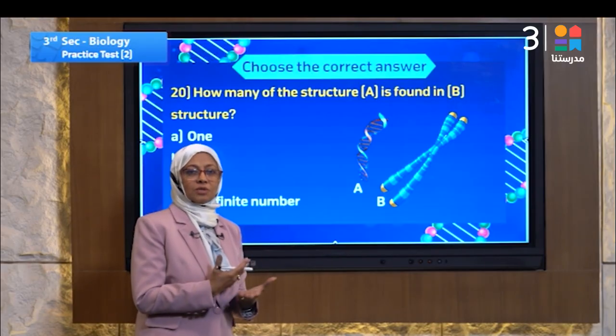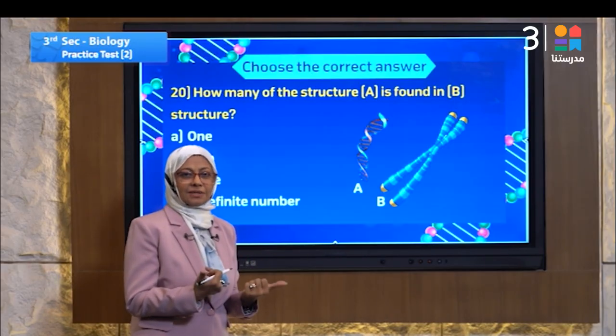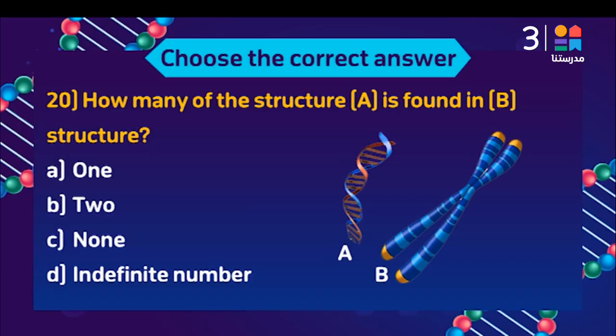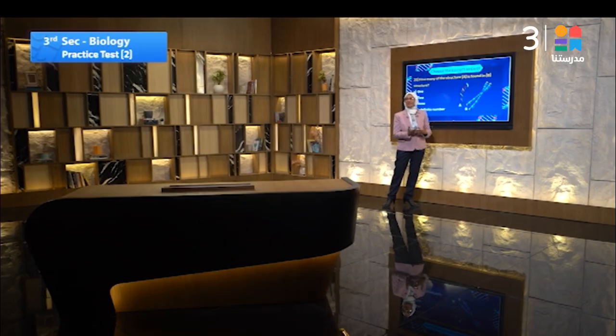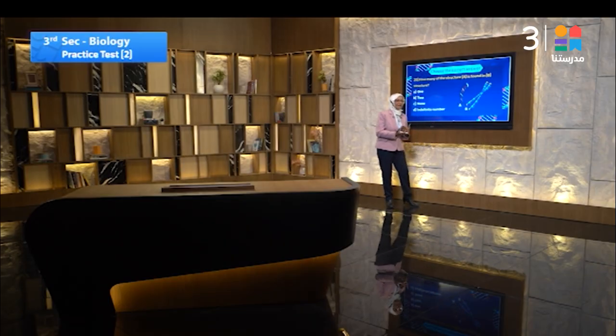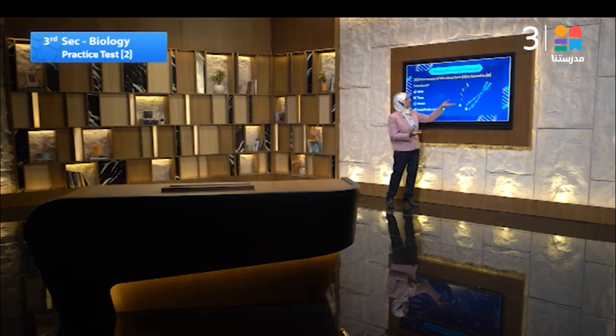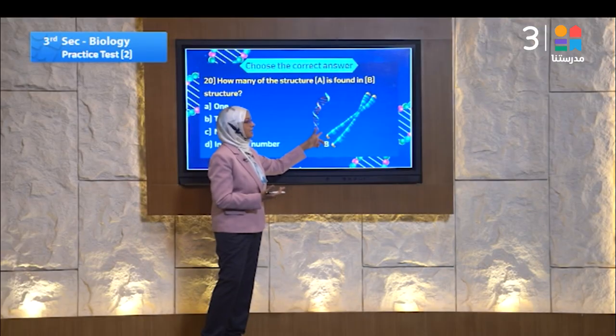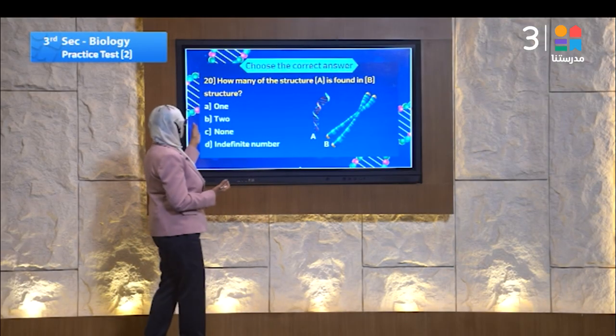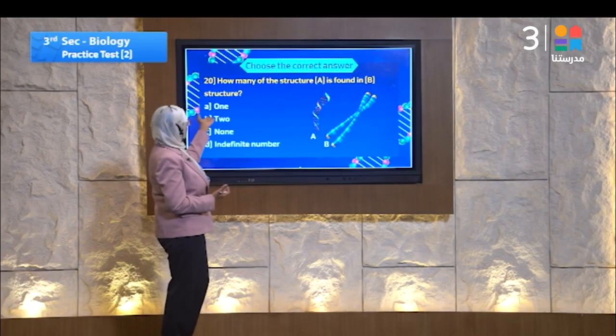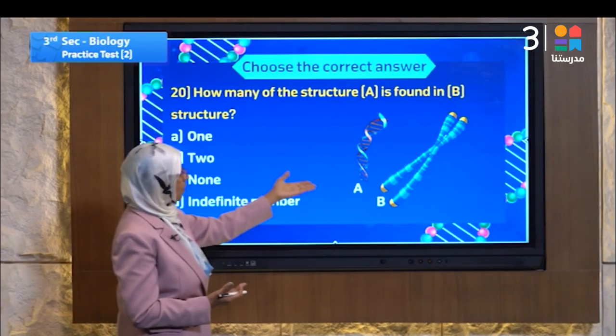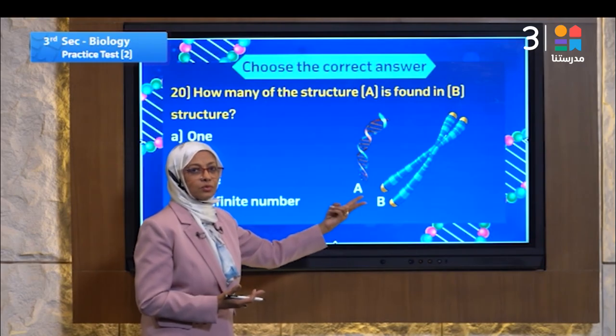Let's go to the question after we study the figure well. 20. How many of the structure A, the DNA structure with a double helix, are found in structure B? The B structure is a chromosome. After studying this figure, we found that structure A is a DNA structure found in each chromatid, one in each chromatid. Let's read the choices. Number A, one. One only in structure B? No, we have two.